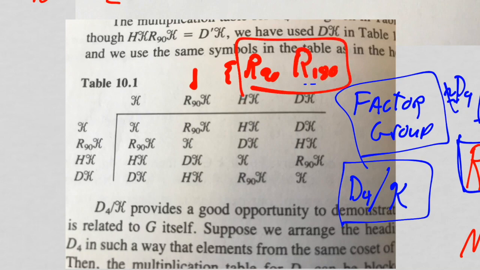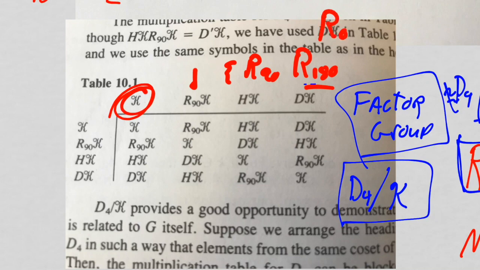But R180 is in the normal subgroup, and for that representative, I need R0 in order for this thing that I'm trying to build, according to Gilmore, to be a group. It needs the identity. So right away it fails. It doesn't work for this at all.